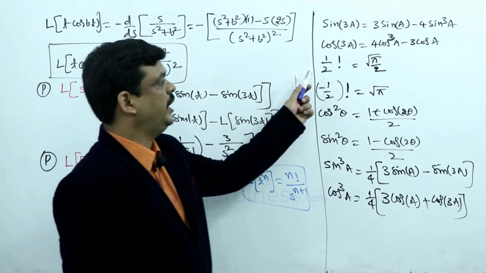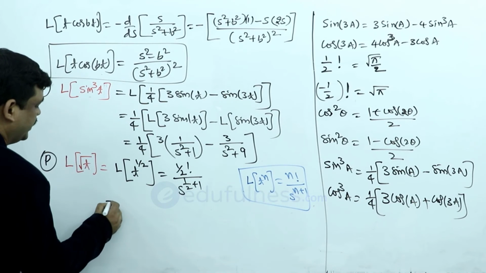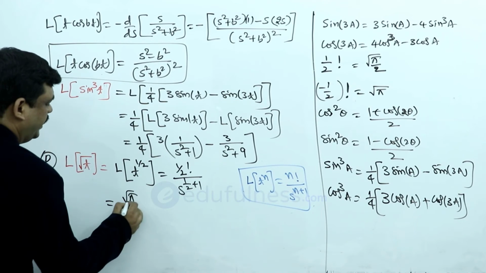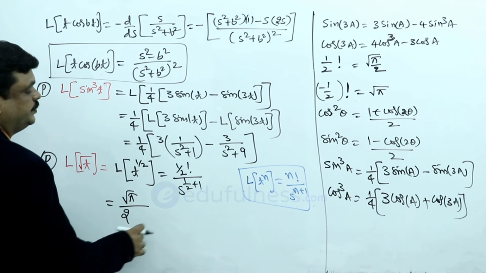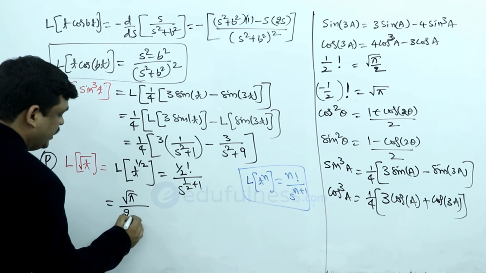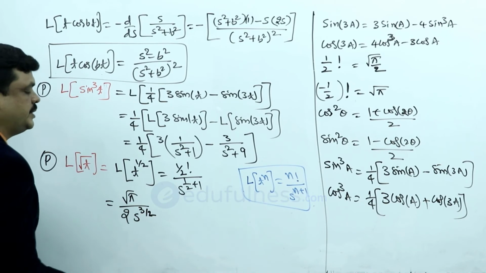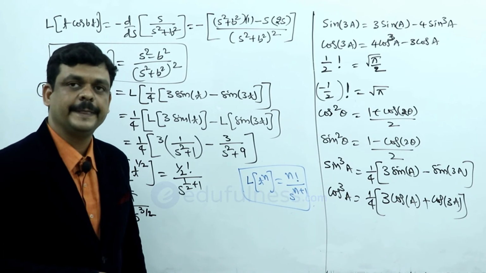So 1 by 2 factorial value is root pi by 2. So substitute that value here, root pi by 2 into s to the power of 1 by 2 plus 1. 1 by 2 plus 1 becomes here s to the power of 3 by 2. So this is another simple answer, right?